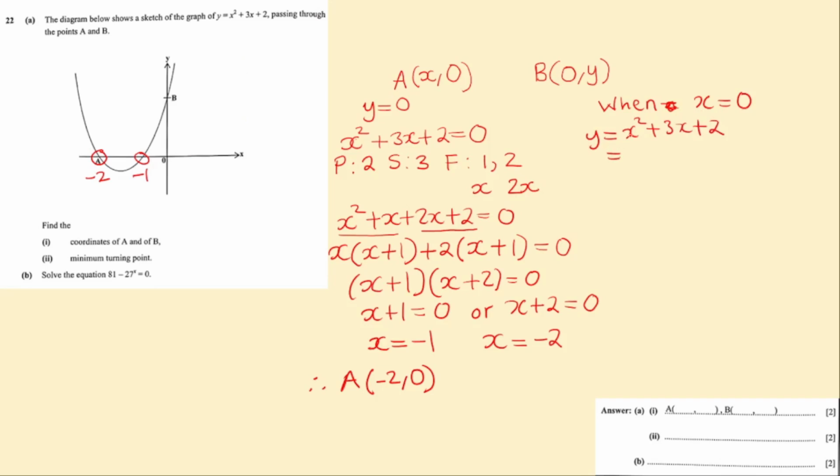So where there is x, I'm substituting it with a 0. So we find that in the end of our computation, y will be equal to 2. 3 by 0 is 0, so all this is 0 plus 2, which will be 2. Therefore, the coordinates of B is 0, 2.